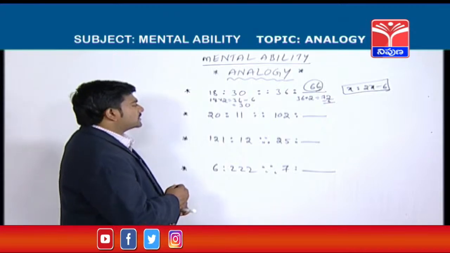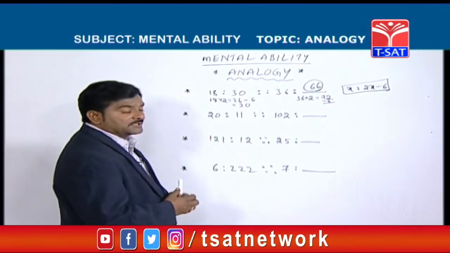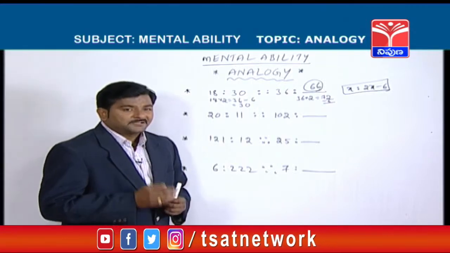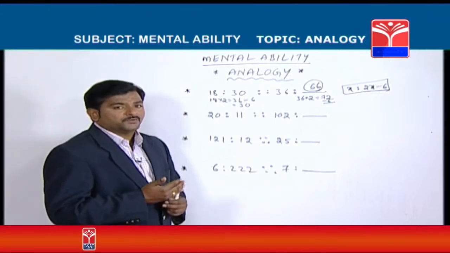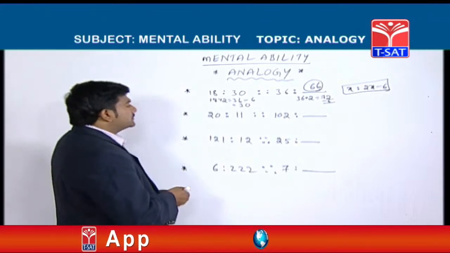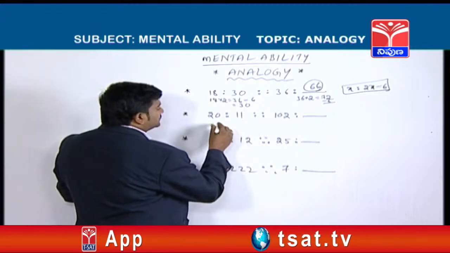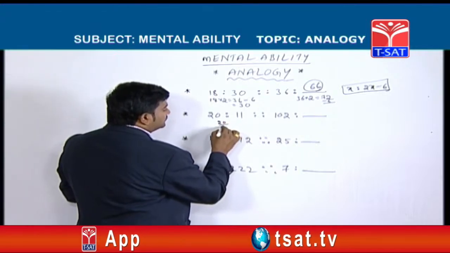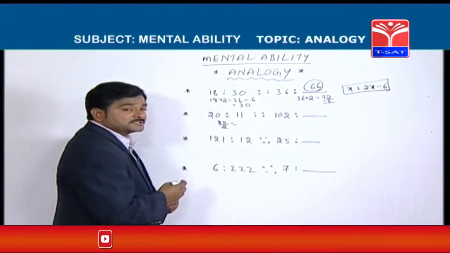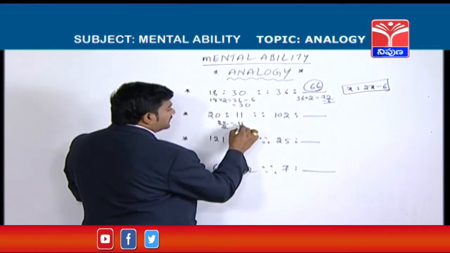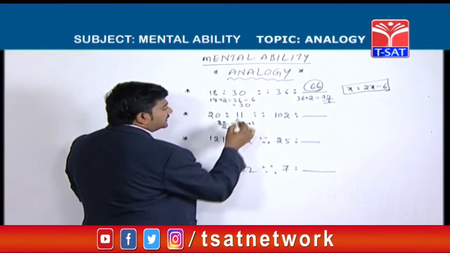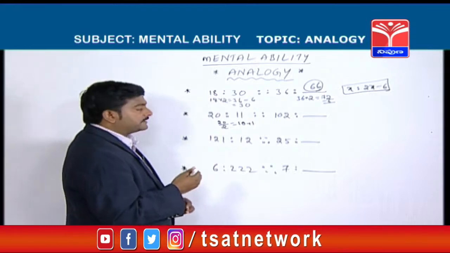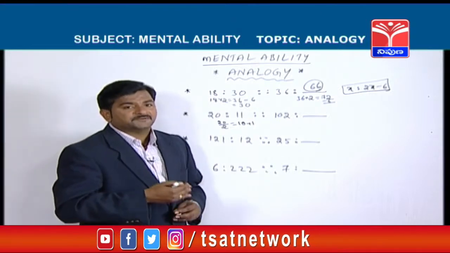Now see, focus on this. Similarly, 20:11 is as 102:. So here 20:11, if 20 is divided by 2, what am I getting? 10. But how much is given there? 11 given. So what does it mean indirectly? By 2 plus 1 concept.